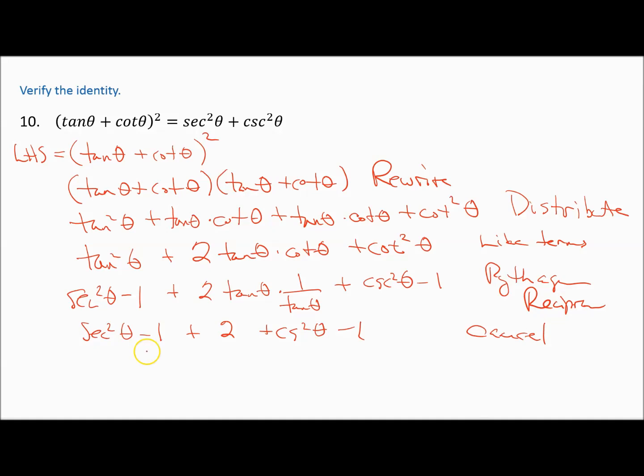I got a negative 1 plus 2 is 1 minus 1 cancels out. So now I have secant squared of theta plus cosecant squared of theta, and boom, I'm done. Nice. So all I did there was like terms. That was all about the Pythagorean identity and expanding, multiplying and expanding.